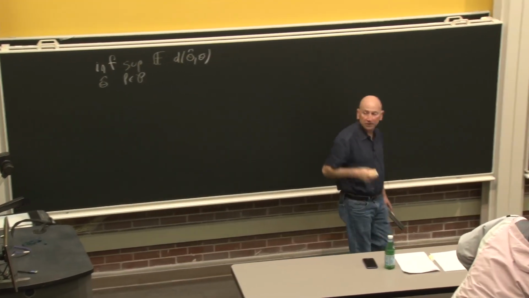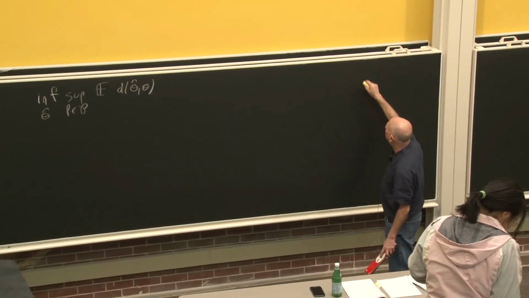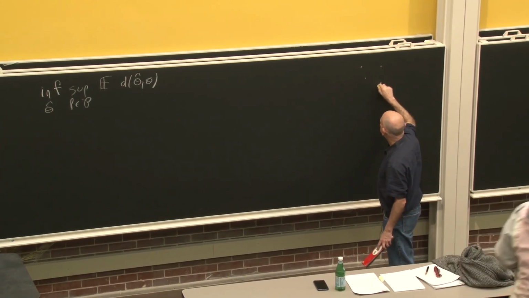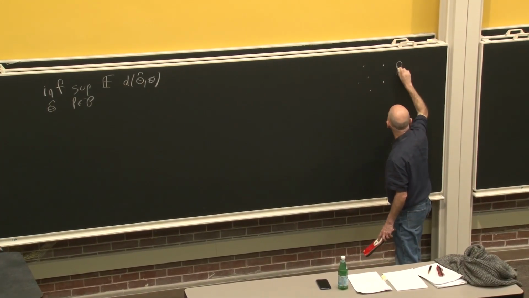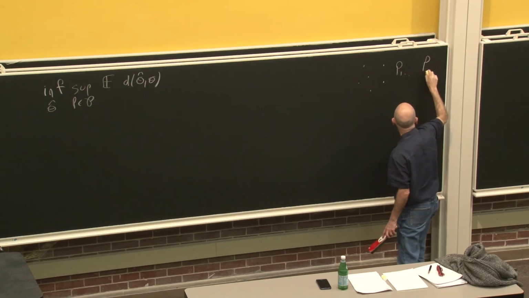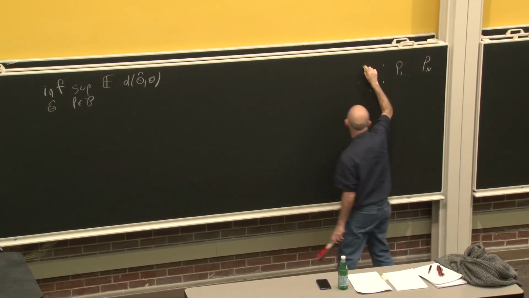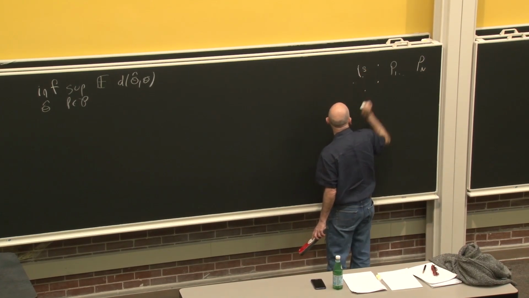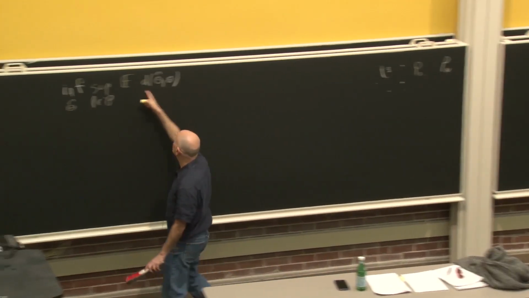could be, that this minimax risk could be lower bounded by taking a finite set of distributions, P1 to Pn, making sure that each of these is some minimum distance s apart in terms of this distance.